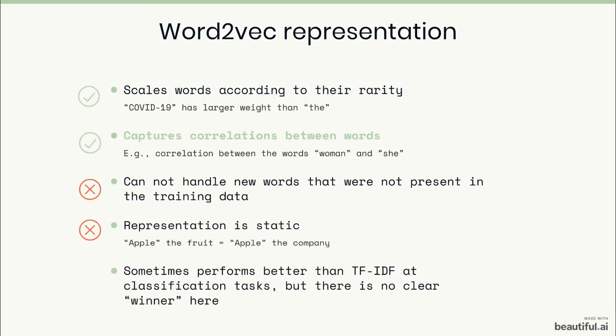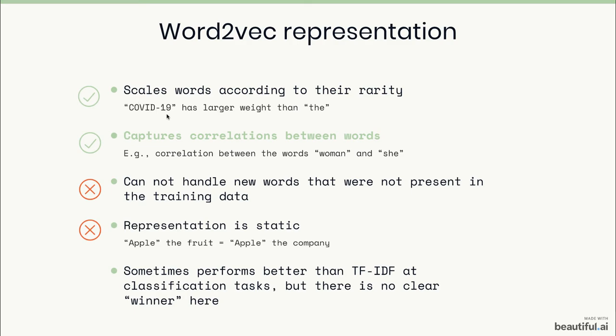Going back to the checklist, we still do scale words according to their rarity, since we are basing our embeddings upon the context. If we look at the word the, it will appear in lots of different contexts, which means that the probabilities in the final layer that we saw will be very minuscule because they have to sum up to 1.